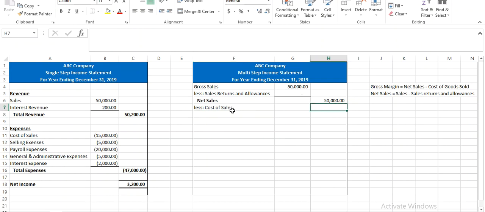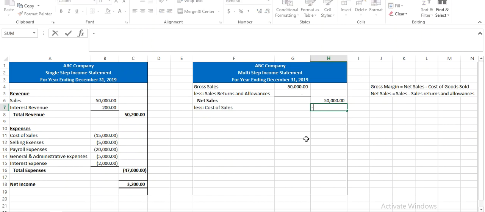The cost of sales amount we have is 15,000, and these are in the negative because it's just showing us that they're opposite of the revenue accounts. So how these revenue accounts are added together, these are taken away from the revenue. That's why it's shown as a negative.